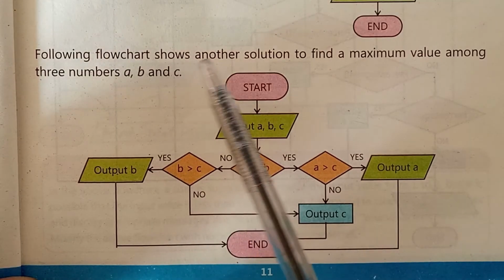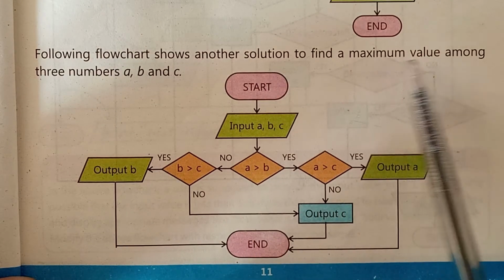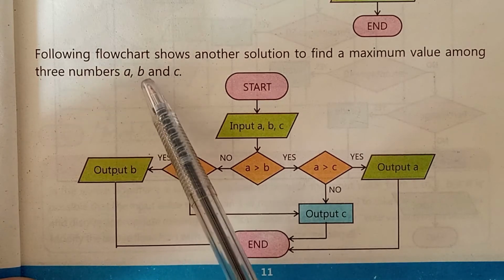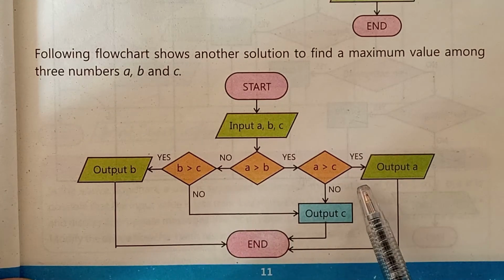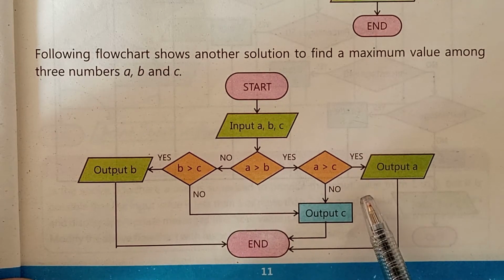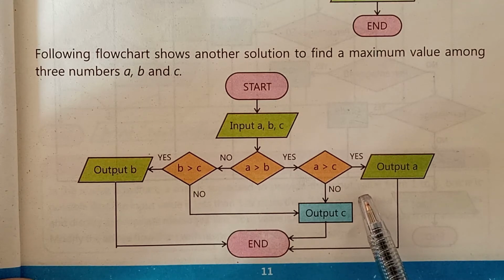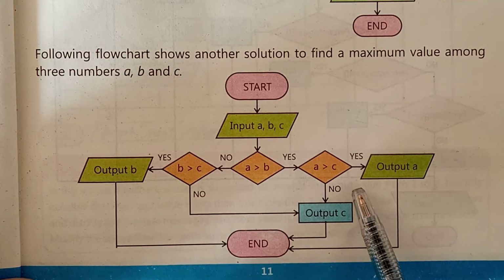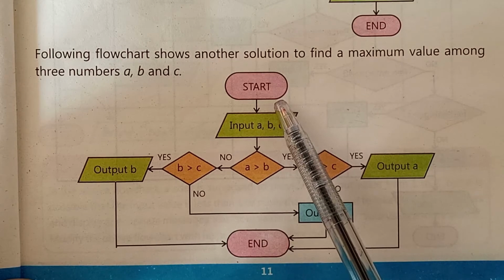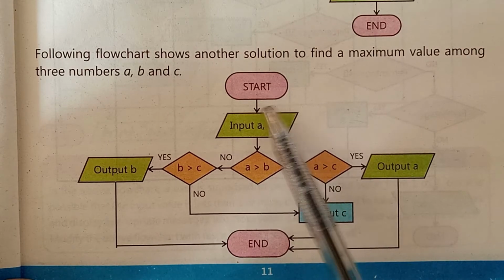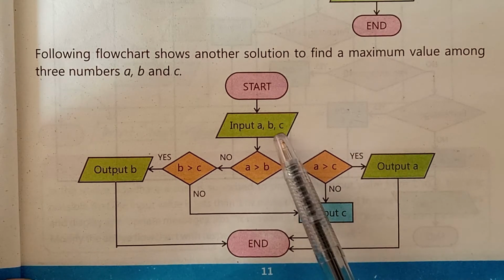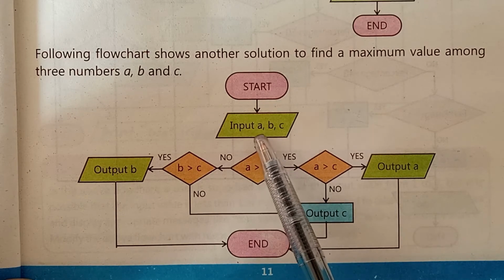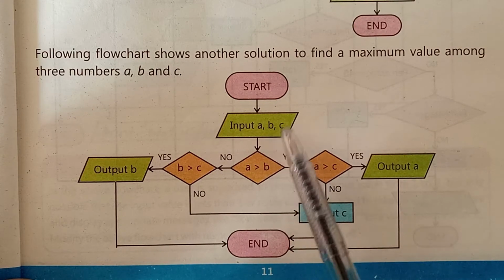The following flowchart shows another solution to find a maximum value among three numbers a, b, c. Now we have another flowchart in which we find a maximum value among three numbers a, b and c. The flowchart starts with the terminal start. Then we input in the computer memory a, b and c.